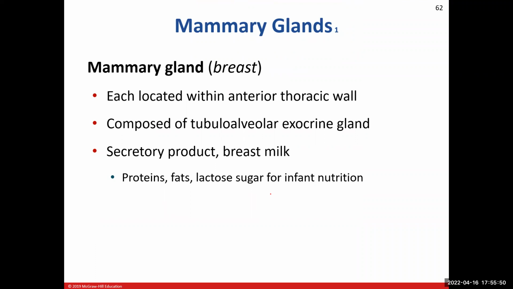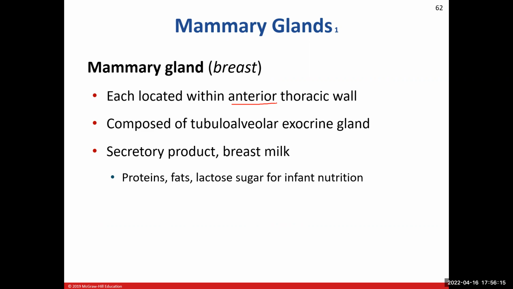Okay, so let's talk about the last part here of our female reproductive anatomy and talk about the mammary glands, also known as the breast. You're going to find those in the thoracic region, on the anterior thoracic wall there. And back in chapter 5 or 4, I can't remember now, a while back, we talked about the different types of glands, the anatomical description. So mammary glands are exocrine glands.